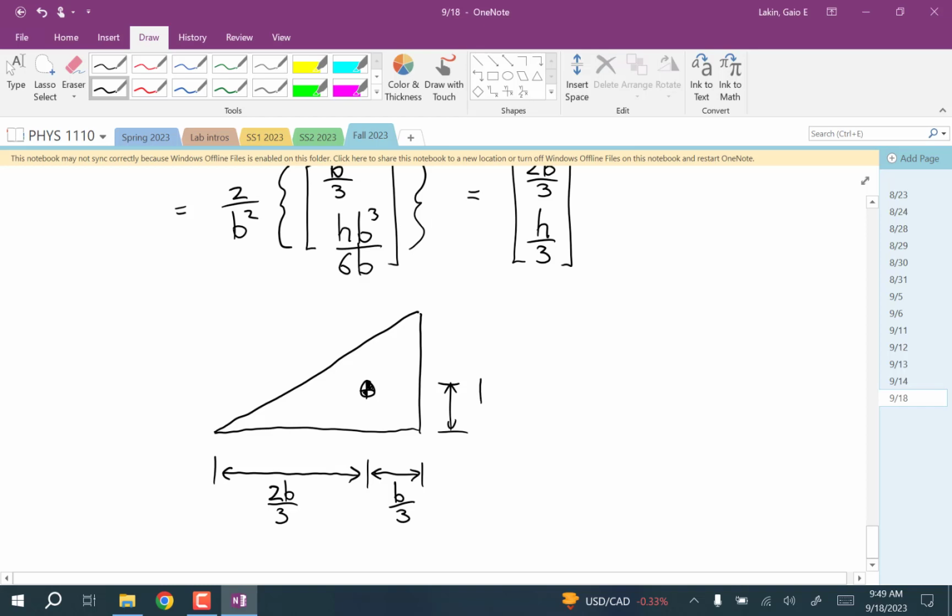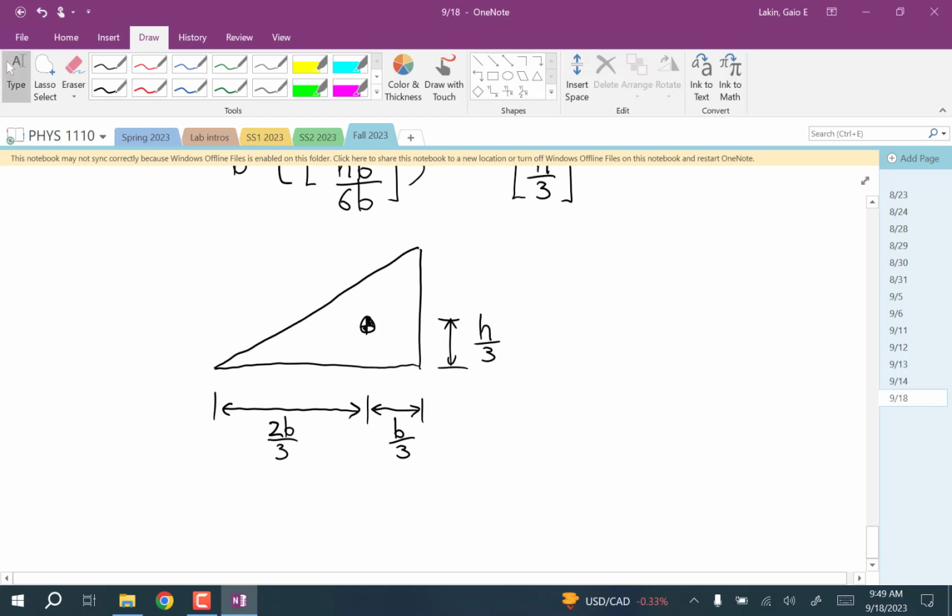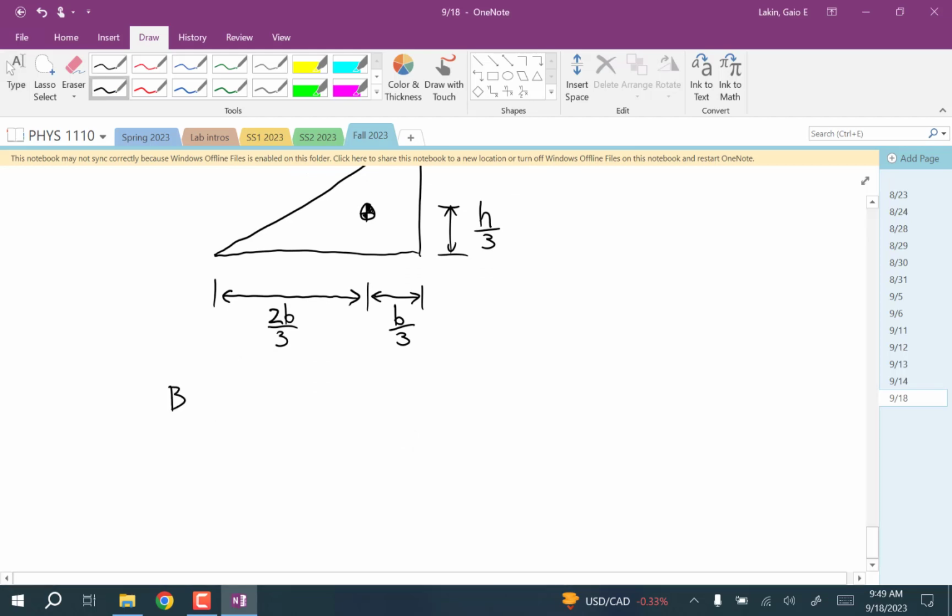And this is h over 3. But now the point of doing this is we don't want to have to do this every time we have a right triangle. We never have to use that integral again for a right triangle.